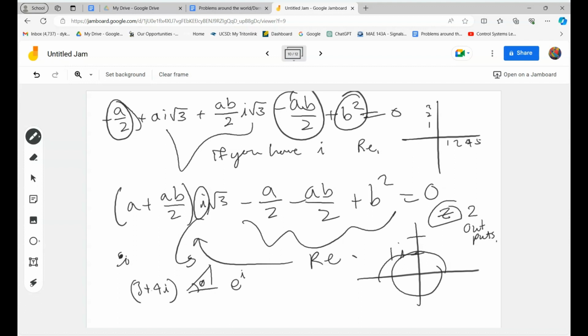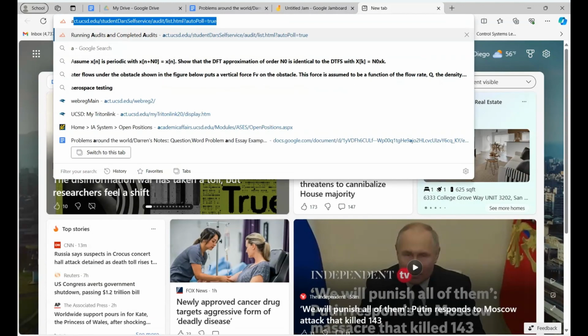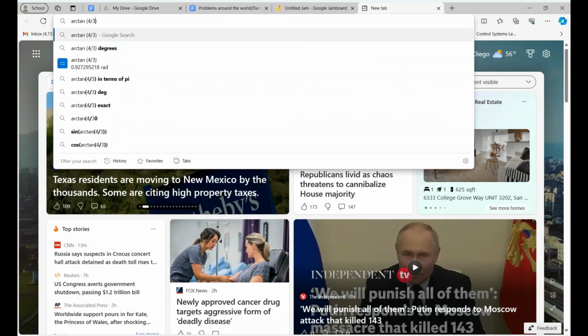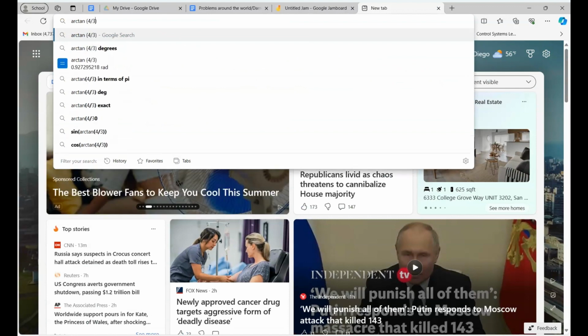What's this phasor? Arc tan of 4 divided by 3. I'm not going to worry about it. In degrees, let me get it in degrees.